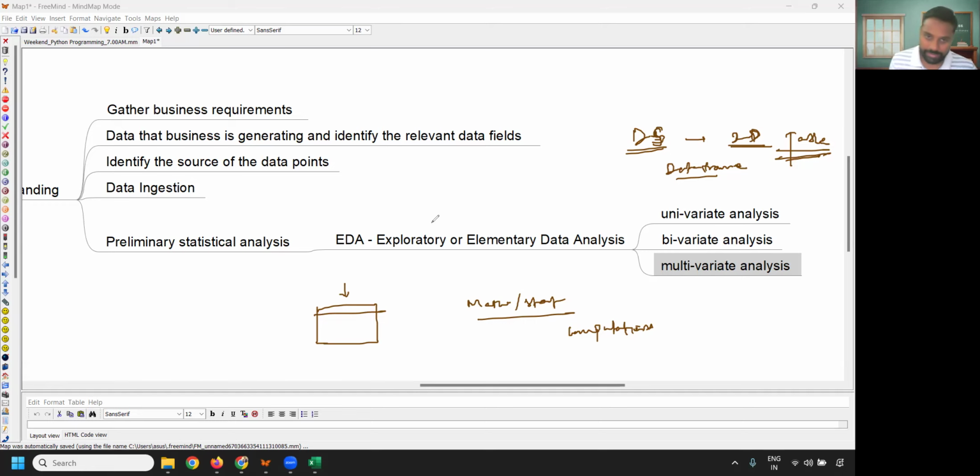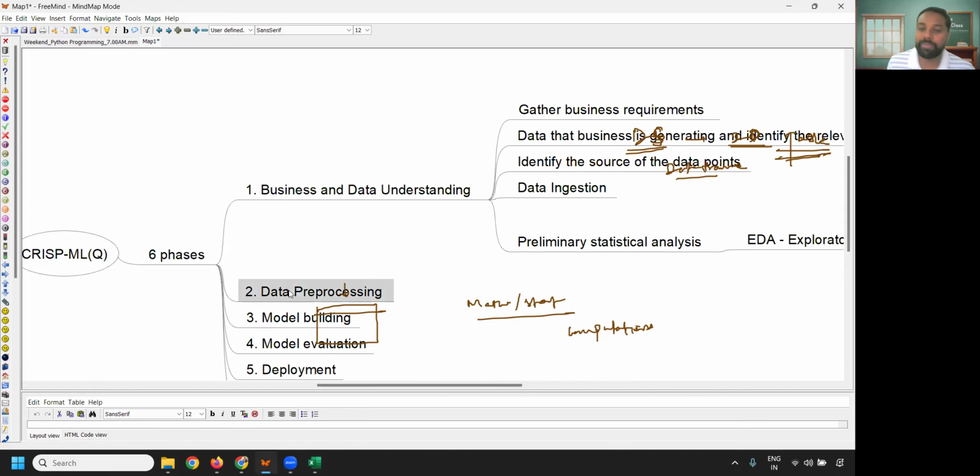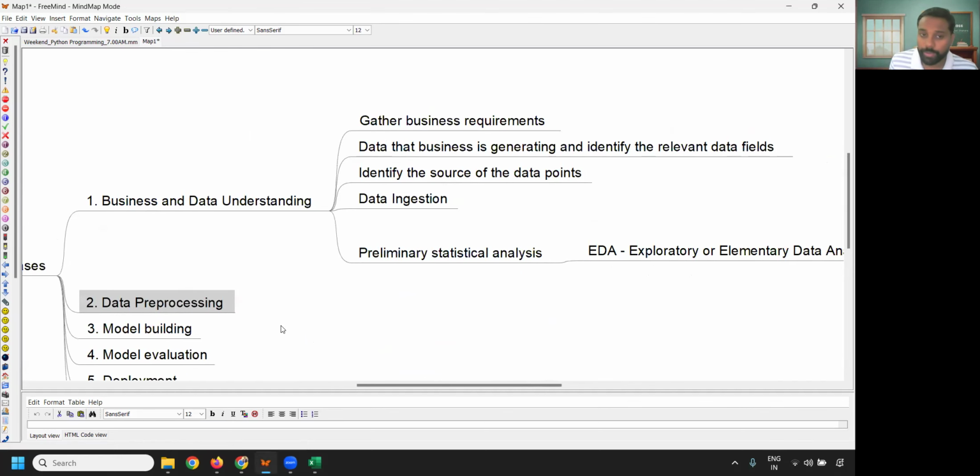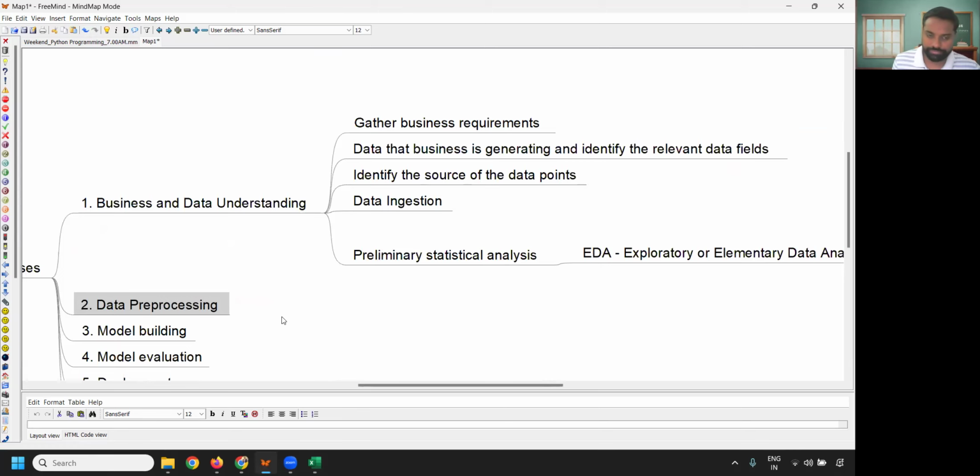Whatever data it is, ultimately it has to come to a table representation so that it opens up software like Python programming, which we use to process that data easily, right? So this refinement that I'm talking about is part of the next stage, which is the data preparation stage or data pre-processing stage. Data pre-processing or data preparation.